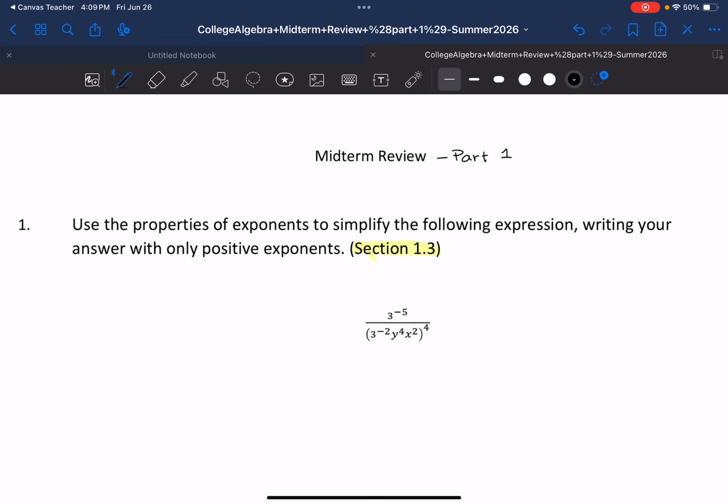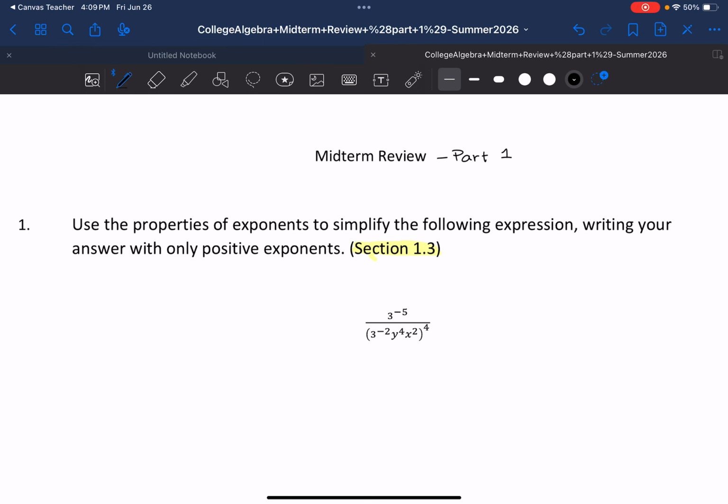And this problem says to use the properties of exponents to simplify the following expression, writing your answer with only positive exponents. So in math, we don't want to have any negative exponents in our answers. And then also we just want to try and simplify as much as we can to get the most simplified version of the expression that they're giving us.